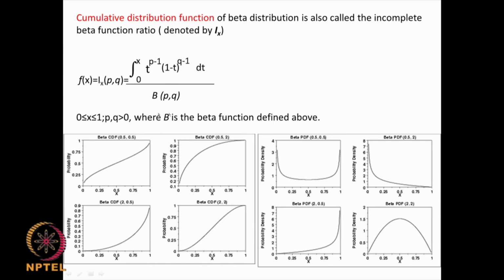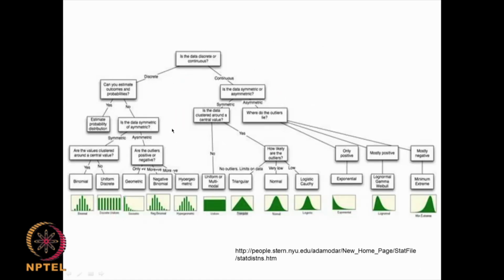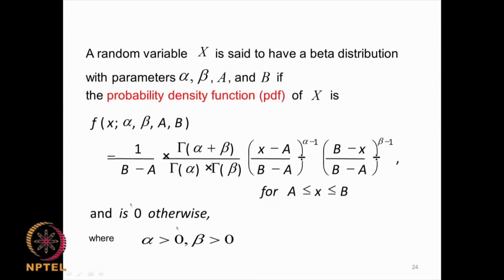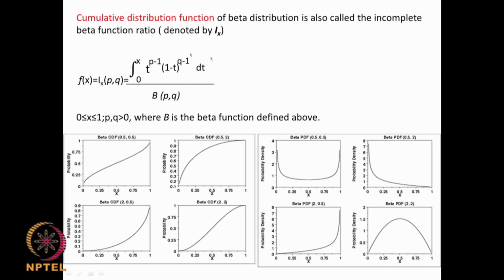So, there is something called cumulative distribution function. You just need to integrate between 0 to x, okay, of the beta distribution, and it is given like this. B is your beta function, okay. Beta function is nothing but this, sorry, this is your beta function. So, you can integrate that to get your cumulative distribution function. For example, if your probability density function looks like this, your cumulative will look like this.